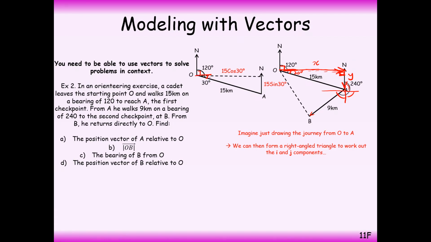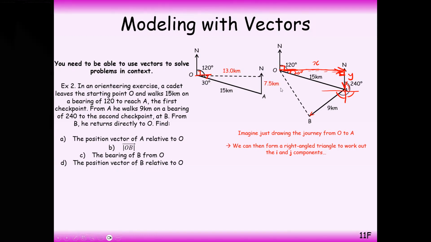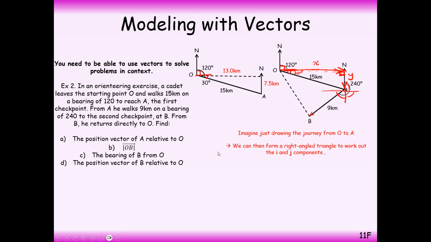It just didn't fit into that tiny slot there. All right, so then we just multiply and replace those values with actual numbers, and we're going to use these values as a vector. So 13i, negative 7.5j.